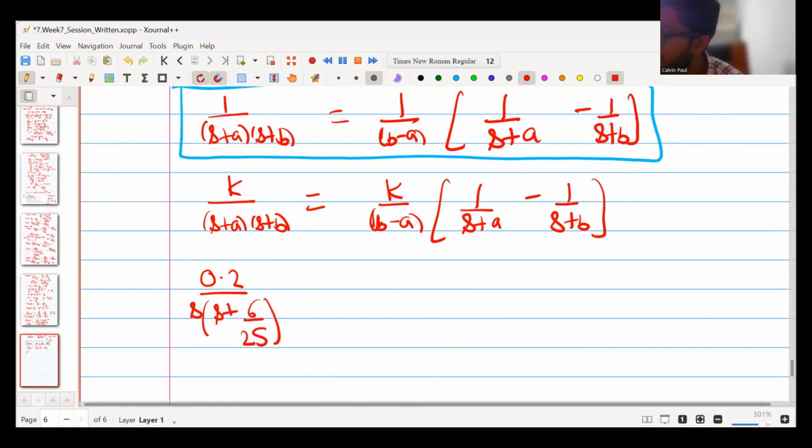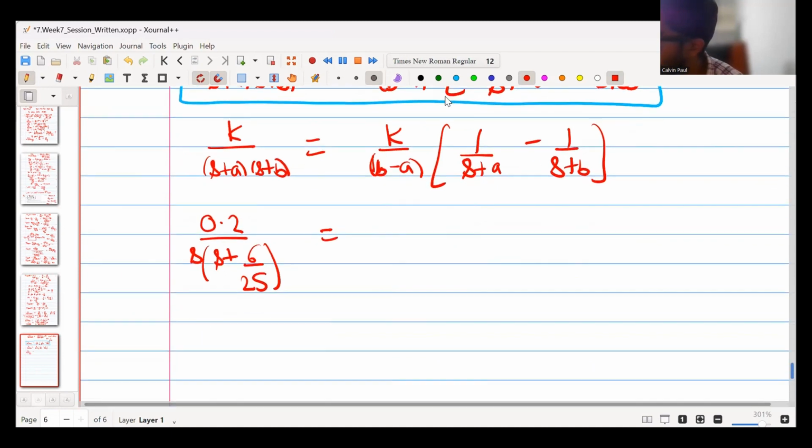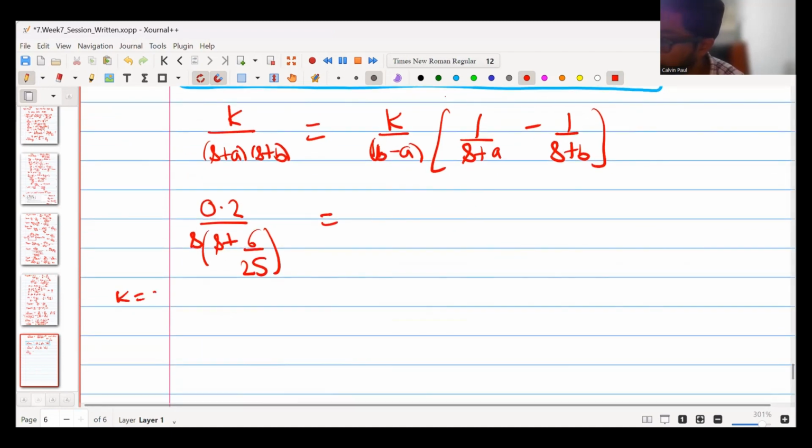So what is K in our case? K is 0.2. What is my a? a is 0. What is my b? b is 6 by 25. So now let us put these in.